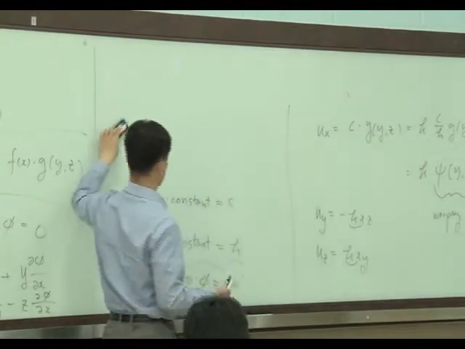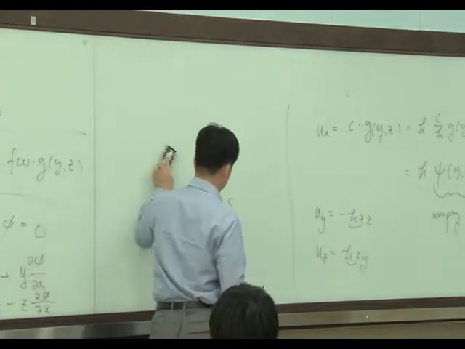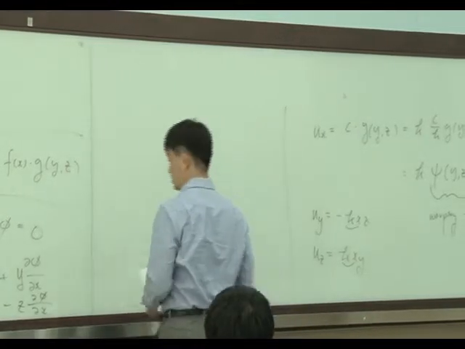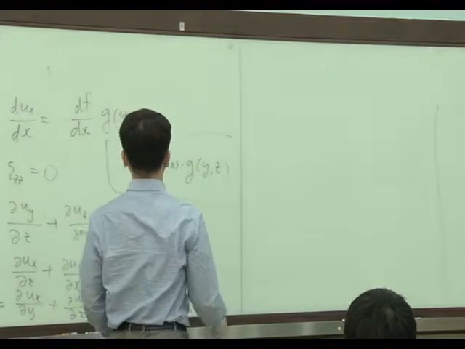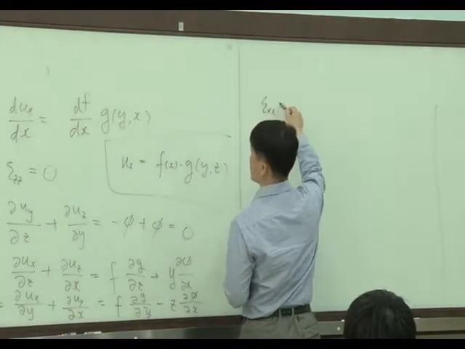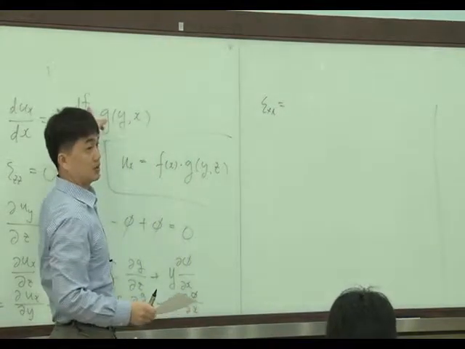Then let's calculate the strain again in this special case. Let's use those three displacement fields and put them into here. Then strain xx becomes 0, because f is a constant.